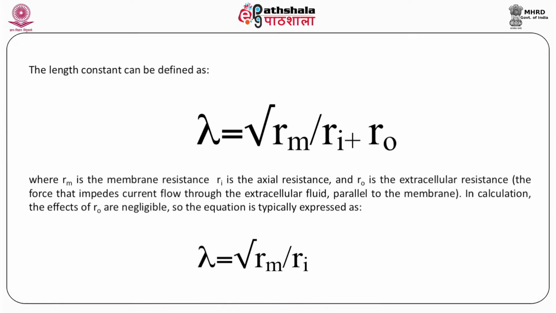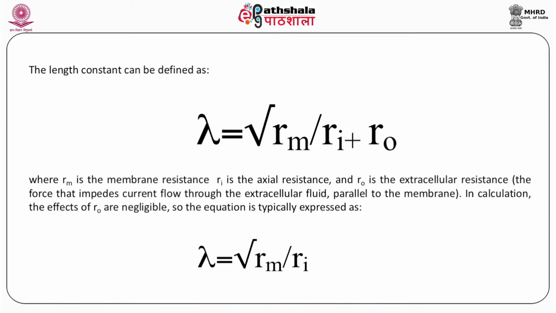The length constant can be defined with the formula lambda equals the square root of Rm divided by Ri plus R0, where Rm is the membrane resistance, Ri is the axial resistance, and R0 is the extracellular resistance, which is the force that impedes current flow through the extracellular fluid parallel to the membrane.